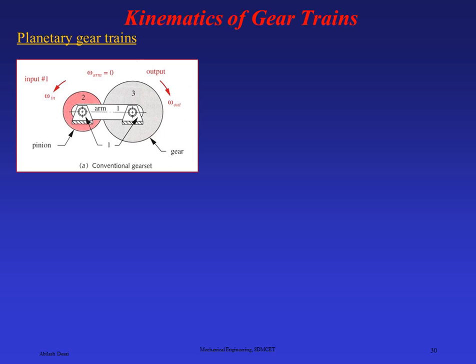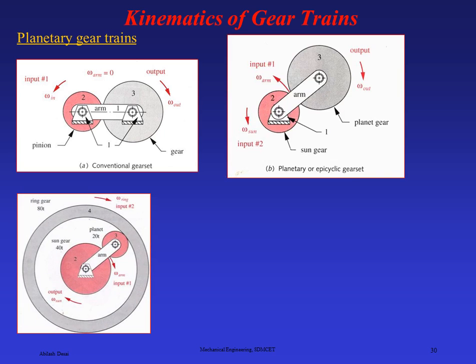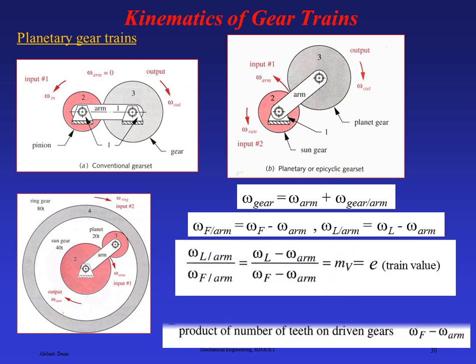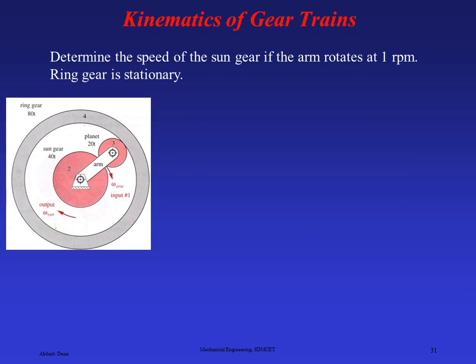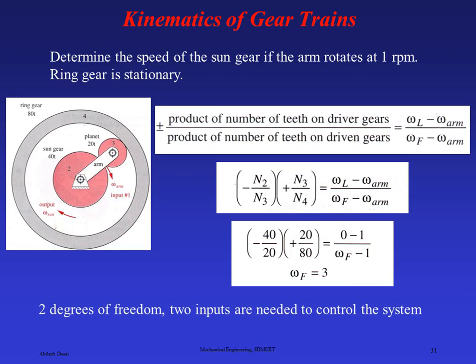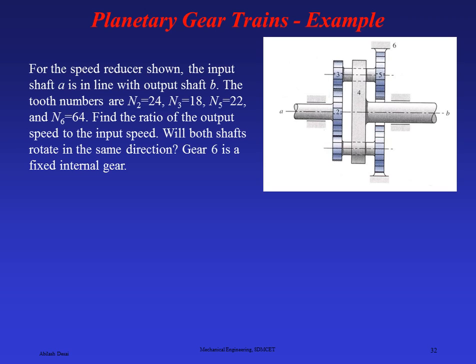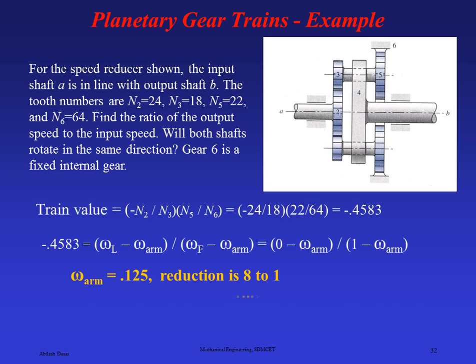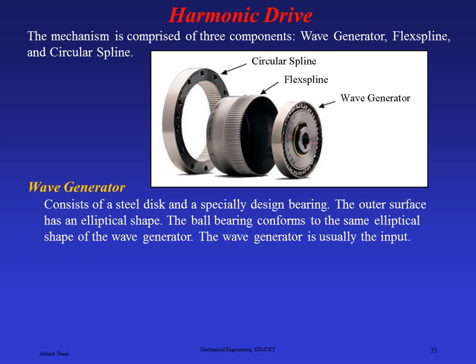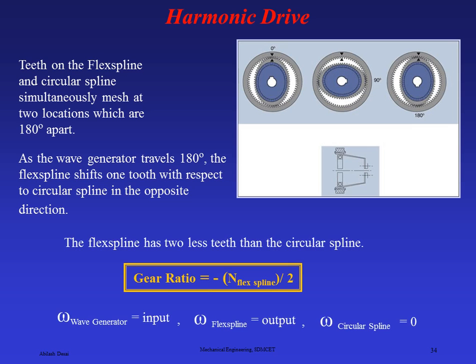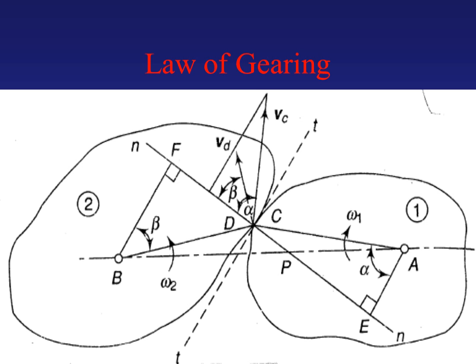Again, there are different types of gear trains, like conventional, planetary, and sun and planet types of gear trains.